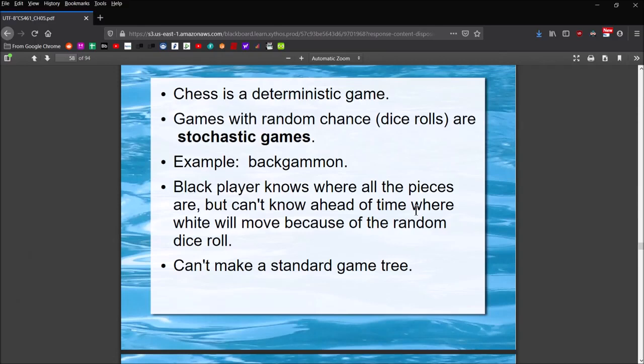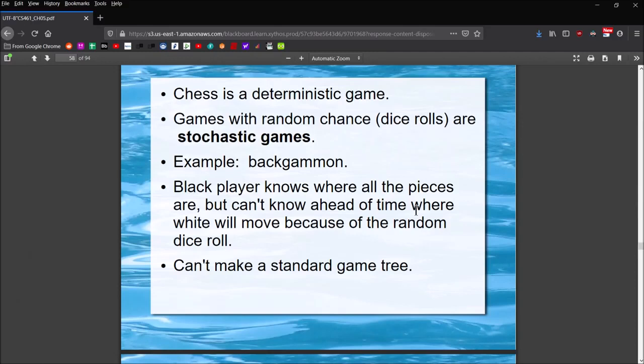So in the case of backgammon, you've got 2 players, one's black, one's white, and the black player can know where all the pieces are on the game board, right? So all the chips for the black player, all the chips for the white player, they're on the board in their respective positions. But as soon as it's white's turn to move, where they're going to move is going to be random, to a certain degree, because there's going to be a random dice roll.